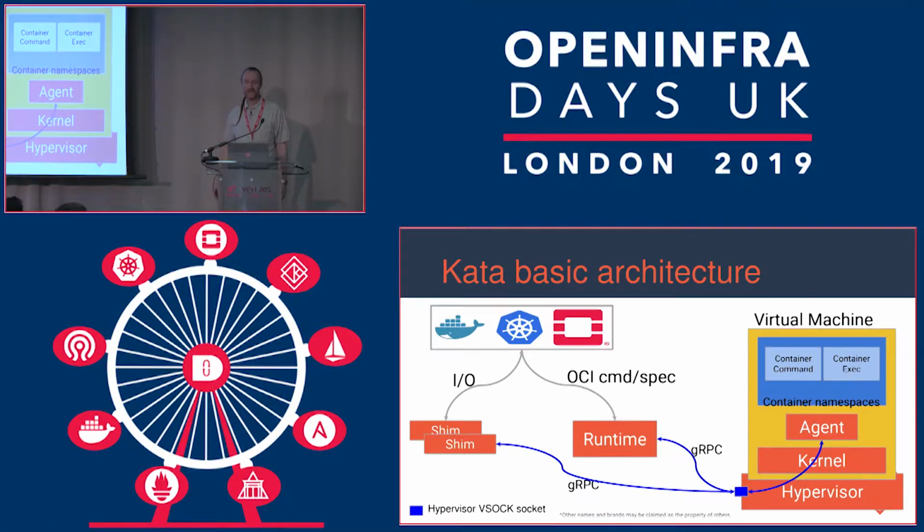Yeah, so the default position is Kata would run on a bare metal host, and then it would use the VMs for the containers. So I guess the easy answer is yes, that is its natural disposition, you would run Kata on bare metal. So you'd run, say, OpenStack or Docker on bare metal and then deploy Kata. But it does also work in VMs, if you enable nested virtualization.